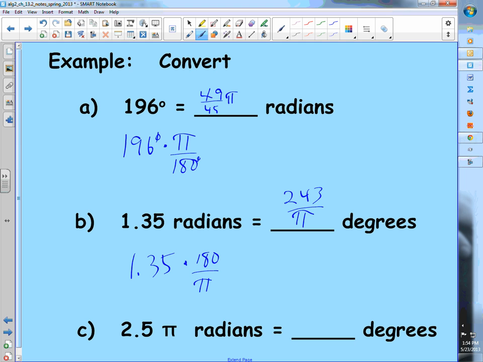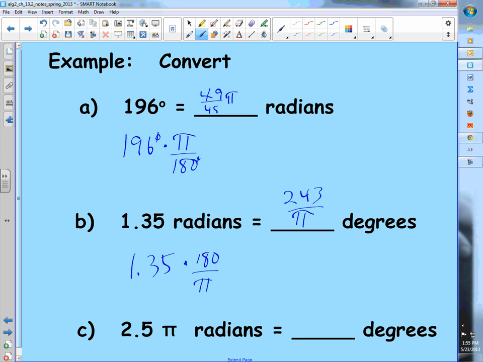We're not solving, we're multiplying them together: 1.35 times 180, which is what we got, over pi. If you divide by pi, you're going to get a decimal and you're going to have to round.